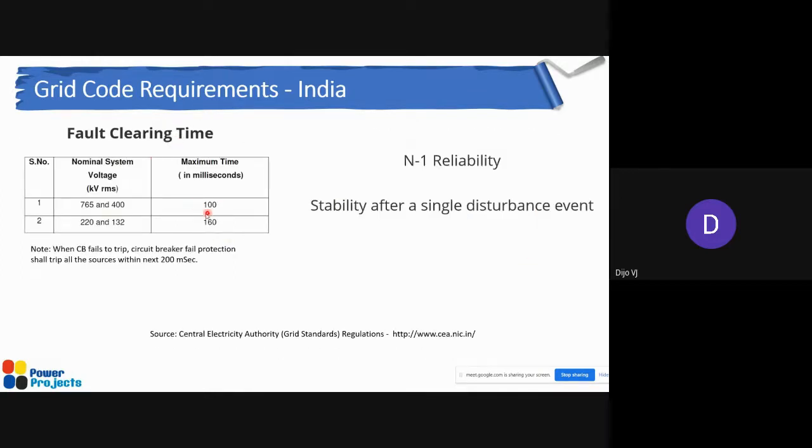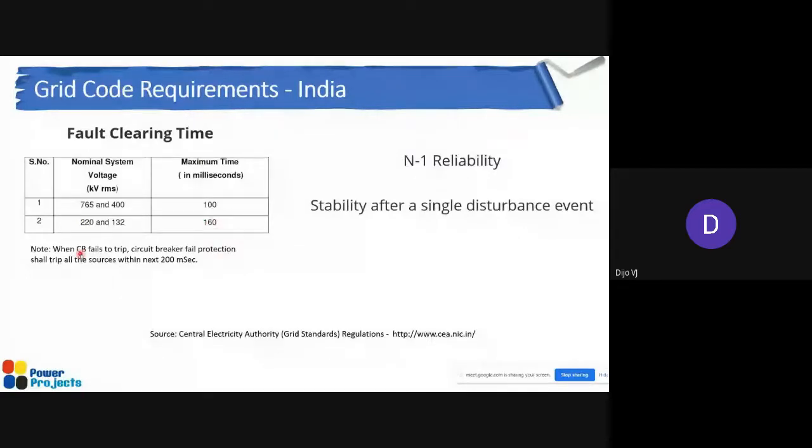Fault clearing time, we talked about it. When it comes to 765 kV and 400 kV, it should have a proper protection system so that it can clear the fault within 100 milliseconds. When it comes to 220 kV and 132 kV, it can clear the fault within 160 milliseconds.